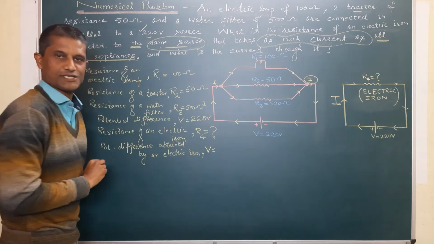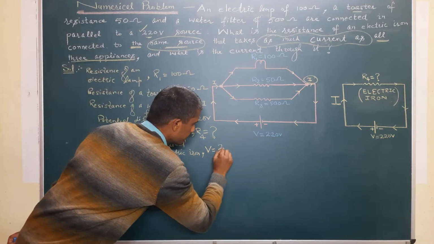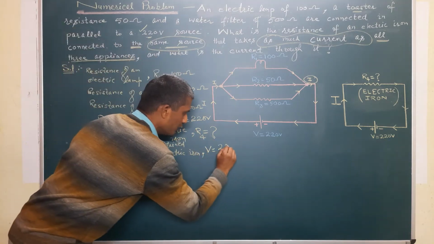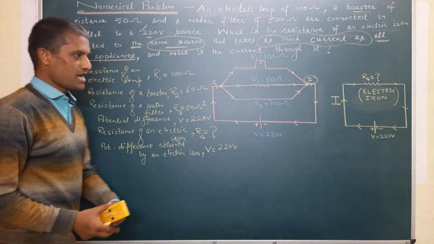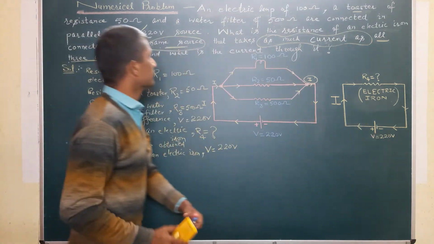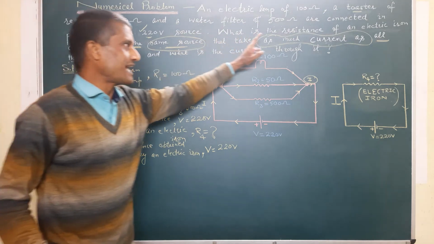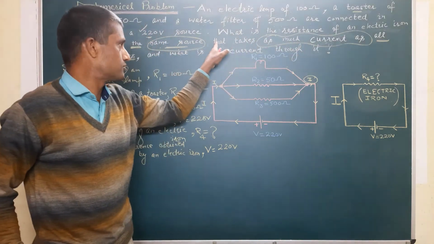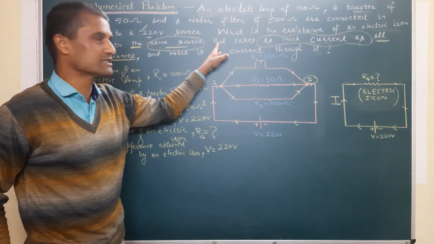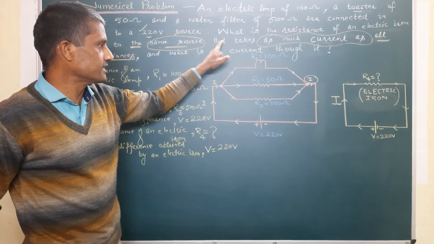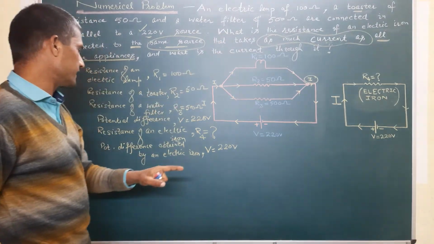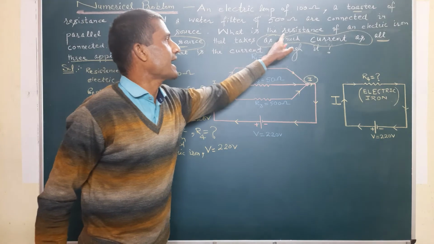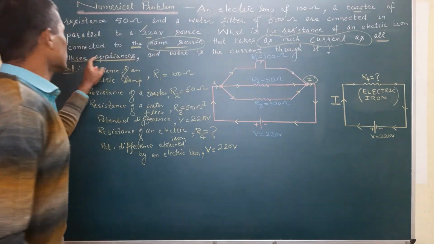It remains the same, meaning 220 volt. Here V is equal to 220 volt source. That takes as much current, as I have told you before. That means the electric iron will take as much current as all three appliances.